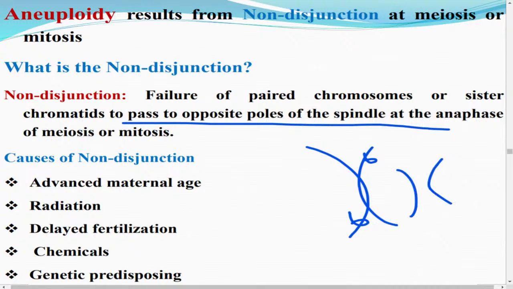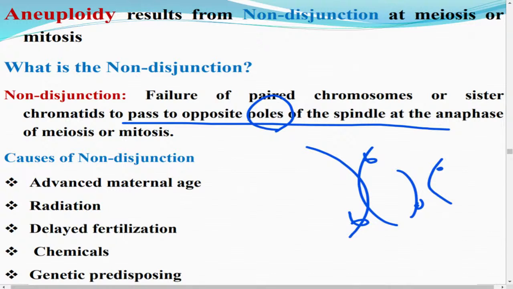After they get separated, they cannot be passed to opposite poles of the spindle at mitosis or meiosis.